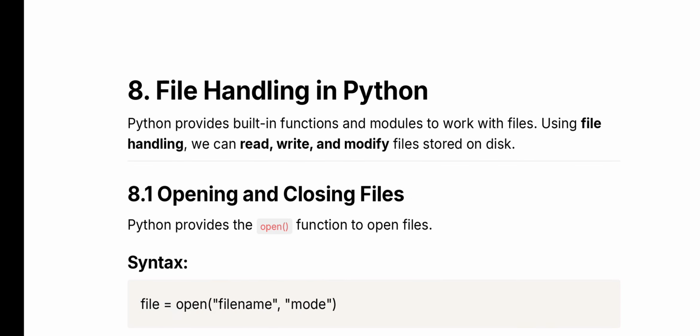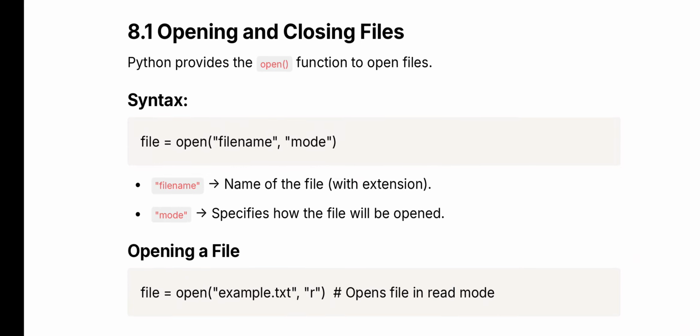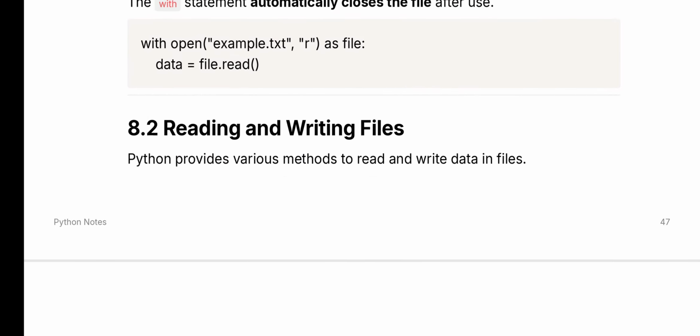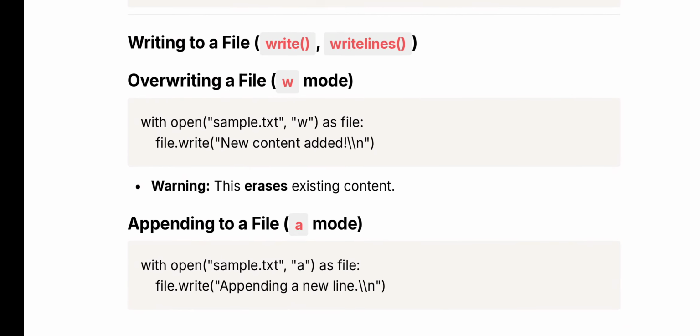And in the next topic, we have discussed the file handling in Python, how to open and close the files, how to read and write the files, write into a file.